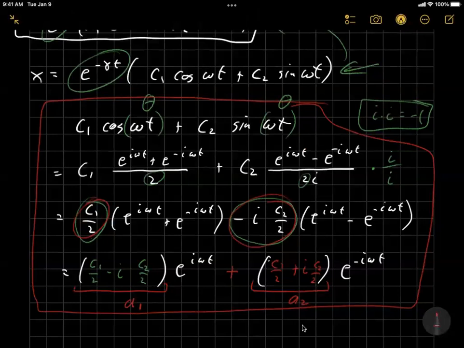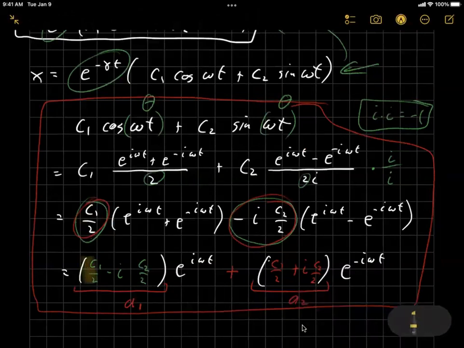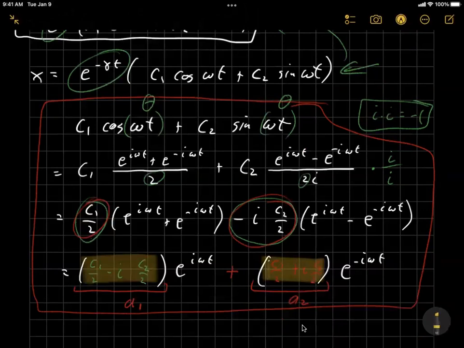Now, these constants aren't as nice to work with. This is a complex number. It has a real part and an imaginary part. And this is a complex number. It has a real part and an imaginary part. Whereas if we start with C1 and C2, those will be real numbers. They're not complex at all.